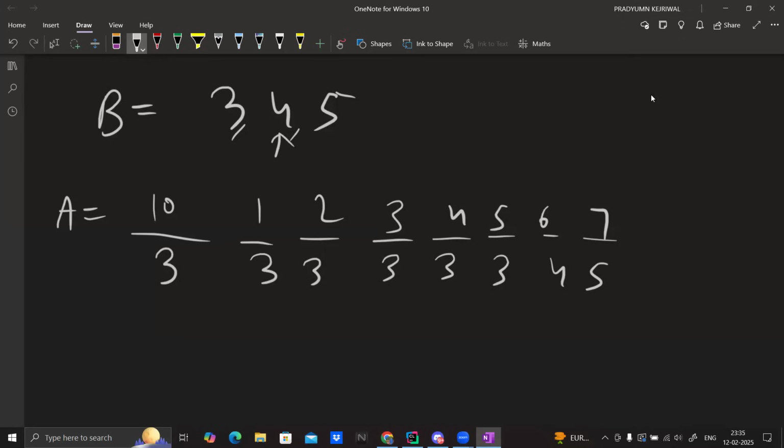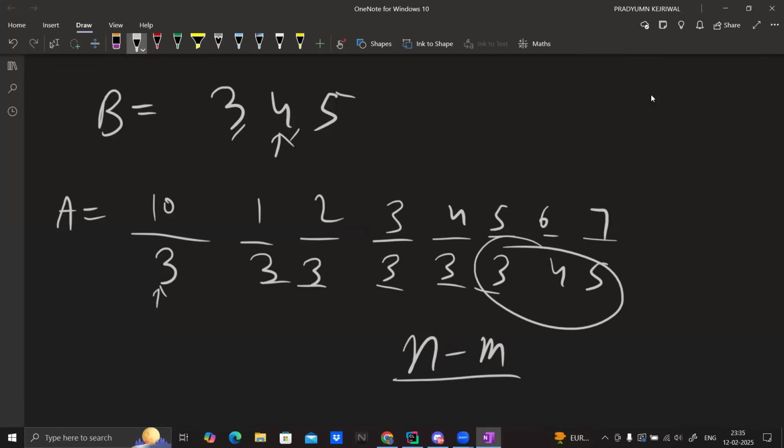So when you apply this 3 to this index, then the next number is definitely greater than 3, so you'll definitely apply there as well. You will keep applying this and the chain reaction will happen. And at the end, you will apply at the index n minus m. So it will be like 3, 4, 5.